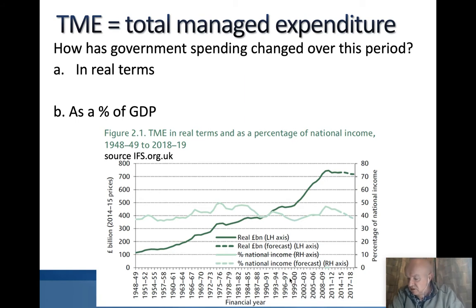The TME, the total managed expenditure, is essentially the total amount that the government is spending. That splits into the amounts spent by government departments and those not controlled by government departments, like welfare, pensions, national debt interest payments, et cetera. So it's a significant amount of money, as you can see. Now, in this instance, then.